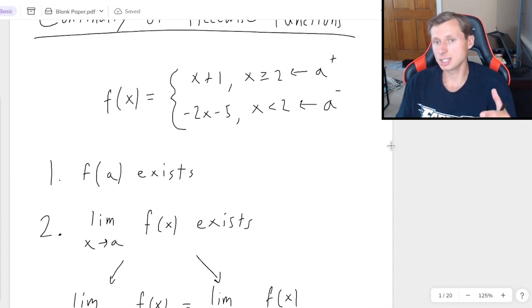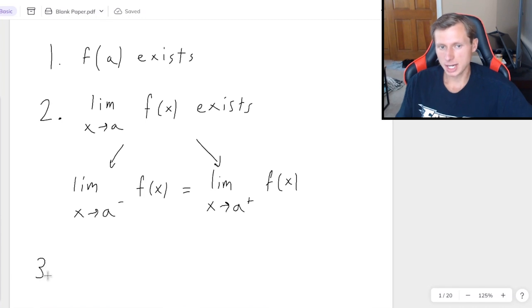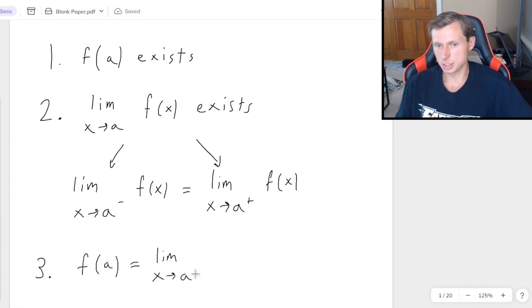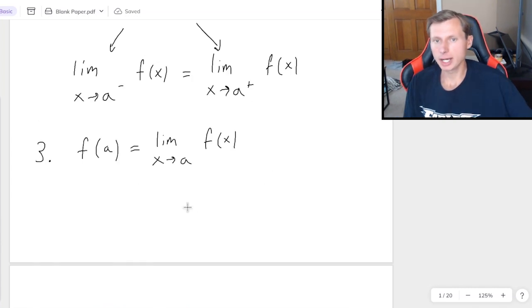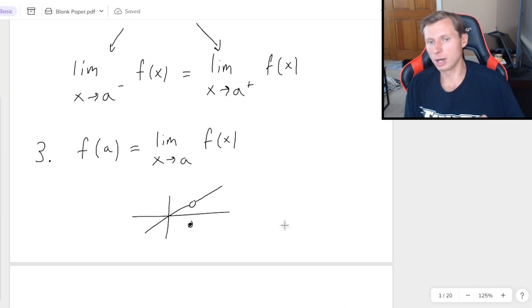And if these two things equal each other, then we pass the second check, and then finally the third check usually just works out. The third check says the value at a needs to equal the limit as x approaches a. And that third check should always pass unless you have some situation like this going on where the function has a hole in it and the hole is filled somewhere else on the graph.